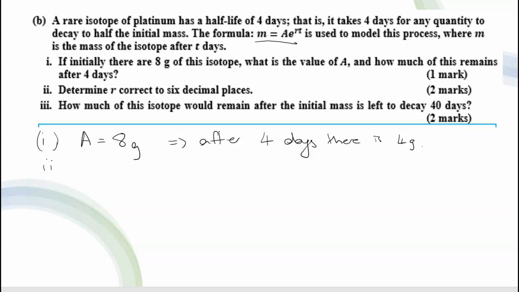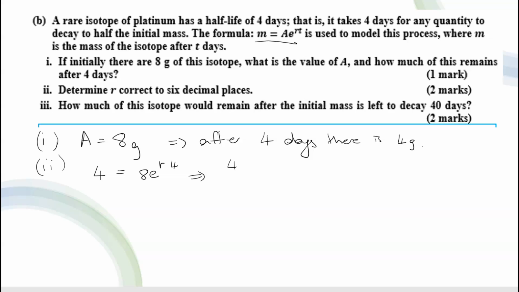Part 2 says determine r correct to 6 decimal places. Now we have some information. We have that 4 equals 8 times e to the power of r times t. Now r we don't know, but we do know that t is 4, so r times 4.